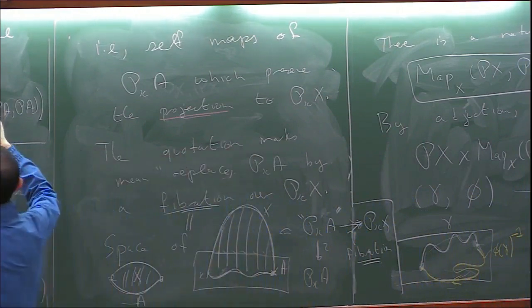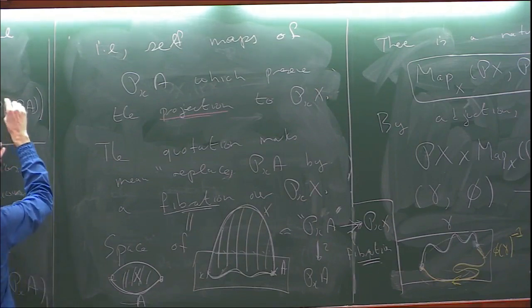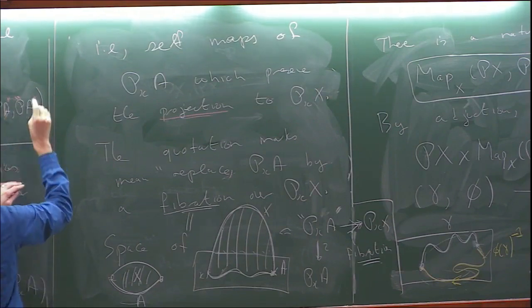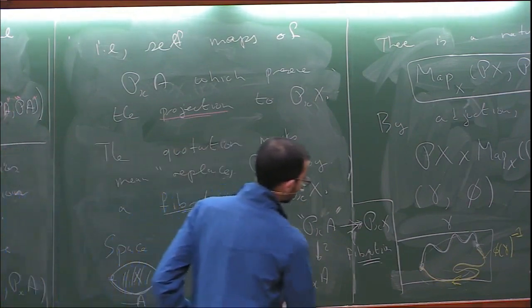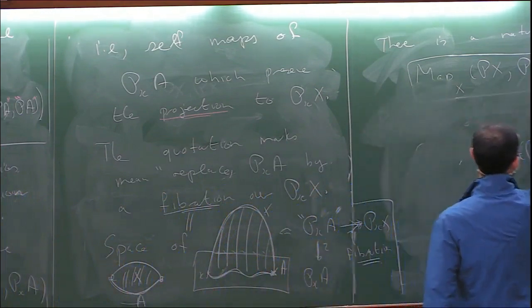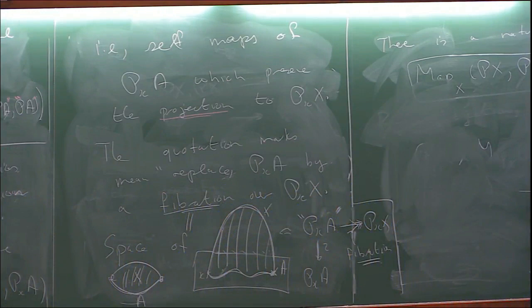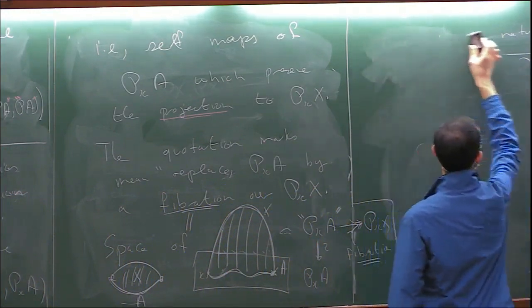So another way to do this, the correct definition, is instead of putting the quotation marks here, you just take these spaces and you replace them and you put the quotation marks there. But what's going to happen is I'm going to get sloppy and I'm going to stop putting quotation marks. So the proof of this theorem, which I'm not going to give, is exactly the same as the proof of the corresponding theorem for the loop space.